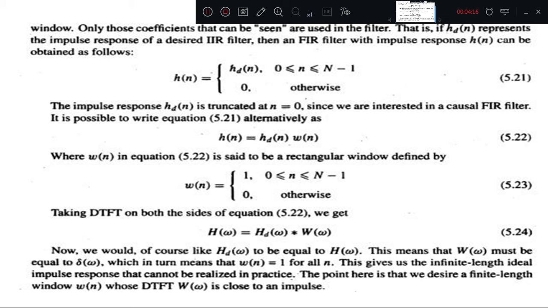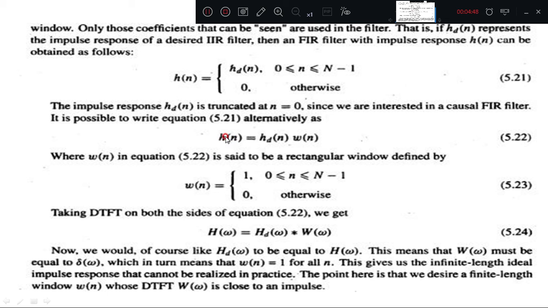And outside this range from 0 to n minus 1 we don't have any sample values, so w of n is equal to 0. If you multiply such a rectangular window function with hd of n, the impulse response of the IIR filter, the resultant impulse function you will get is the FIR filter impulse response, that is h of n.